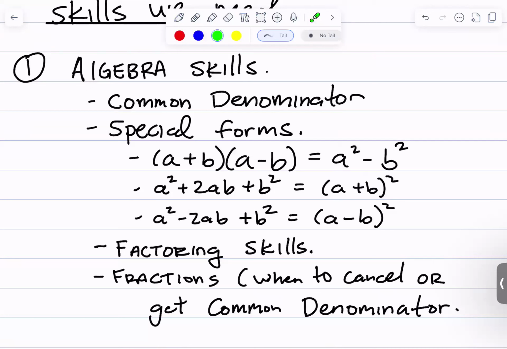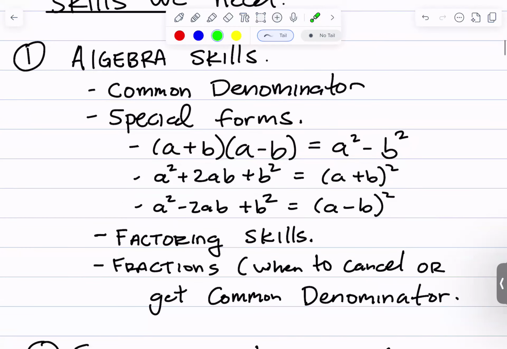We have to know the perfect square trinomials, the positive and the negative version of them. We have to remember our factoring skills. And this one I put, but we have to know how to deal with fractions. It's not even algebra skills. How to add fractions, how to multiply fractions, when to cancel, or when to get the common denominator. All right?